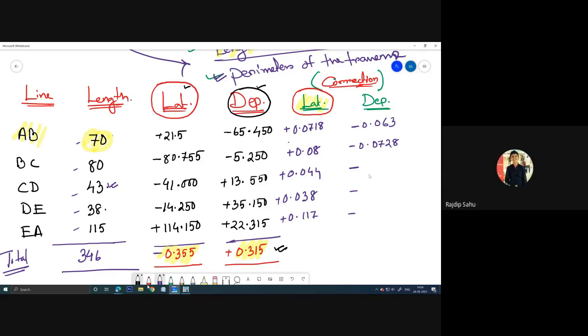Then one more, minus 0.0391. Okay, great. Then this is 0.034. Absolutely correct, 100%.